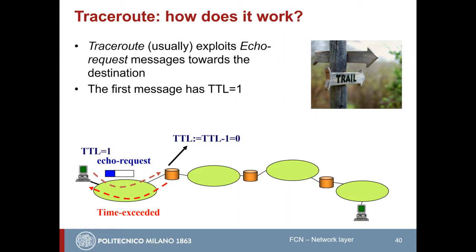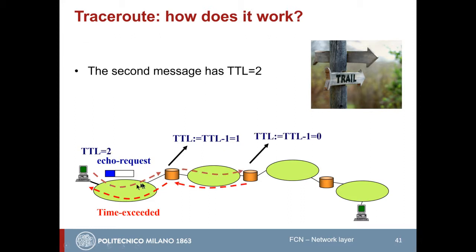When the packet is discarded, a time exceeded ICMP message is sent back to the source. So the source can identify, by this time exceeded ICMP message, the interface that discarded the packet, basically the router that discarded it. Then another message is sent, setting time to live equal to 2.